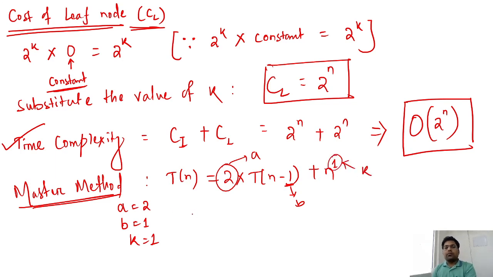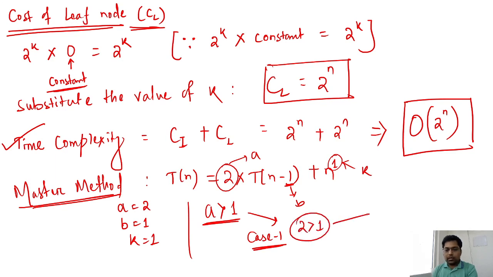So as per the formula, we can say if A is greater than 1, we can say it is case 1. So here 2 is greater than 1. That is why we can say case 1. For case 1, we can write A n to the power B into f of n, and f of n is not written here. So f of n is 1 by default.